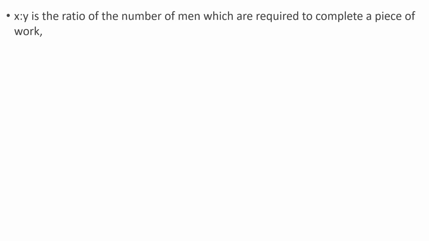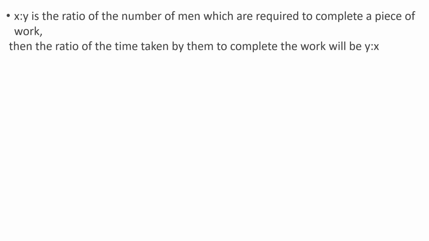Some other formulas. If x is to y is the ratio of the number of men required to complete a piece of work, then the ratio of the time taken by them to complete the work will be y is to x. So you have to take the reciprocal of the number of men, or the inverse of the ratio, to find the time taken.